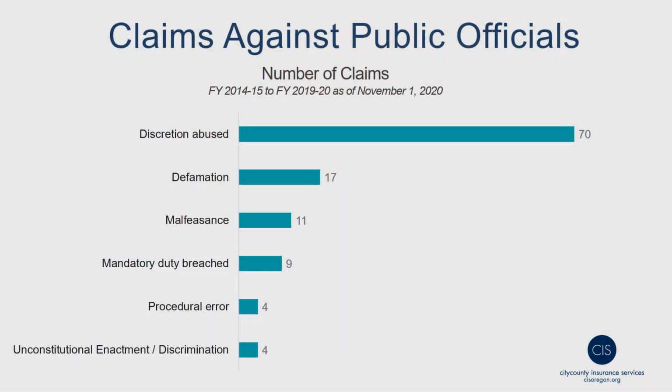Another large one is defamation, and just because those claims occur a lot doesn't mean that all of them have merit. Here's a real example: a citizen in town alleged that a city manager and city staff were defaming the citizen on Facebook.